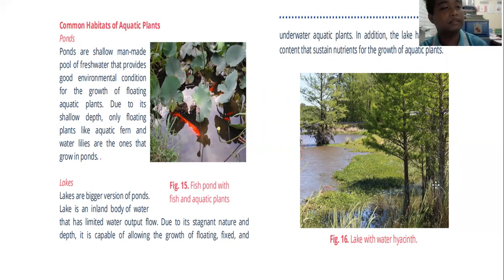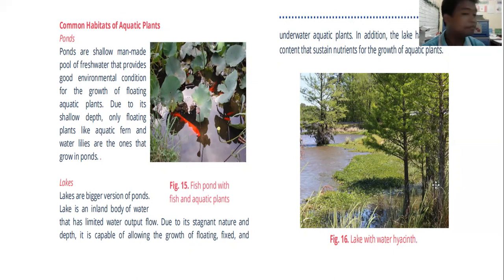So ponds are good common habitats for aquatic plants. Due to its shallow depth, only floating plants like aquatic fern and water lilies are the ones that grow in ponds. Kinirading ang tungod ana only floating plants ang pwede diha, like aquatic fern and water lilies.